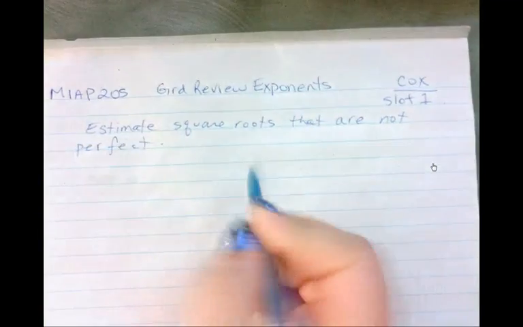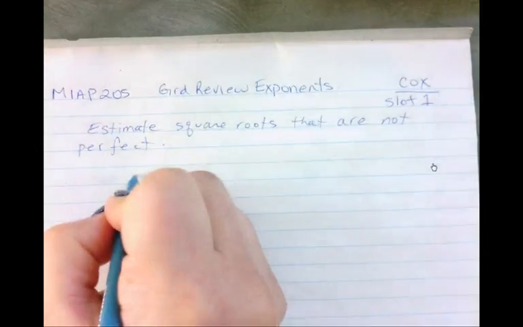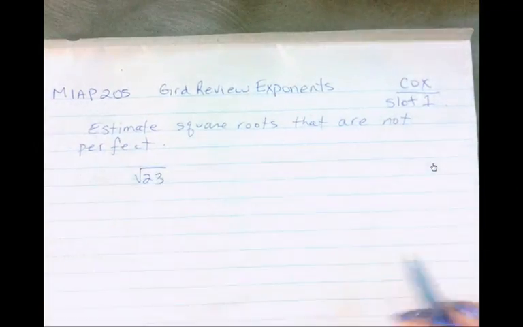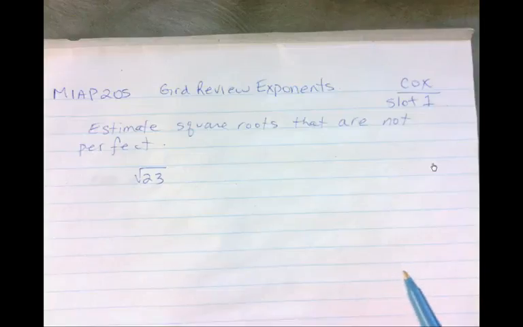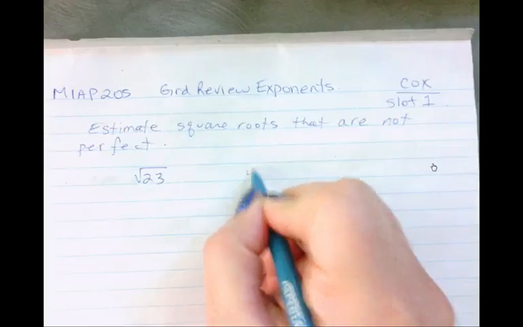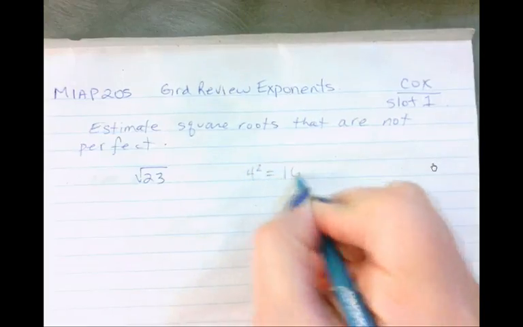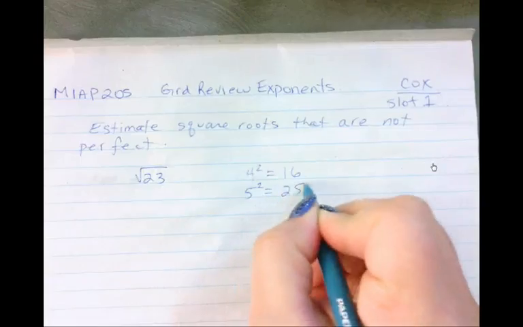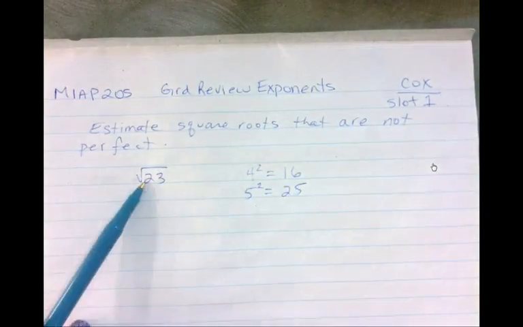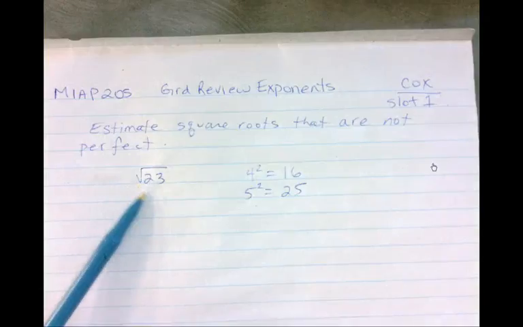Okay, so let's say we've got the square root of 23. Well, what you want to think is, okay, which two perfect squares is this in between? So I know that 4 squared is equal to 16, and I know 5 squared is equal to 25. So this answer is going to lie somewhere in between.